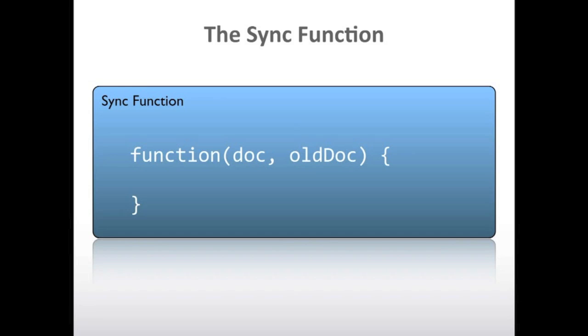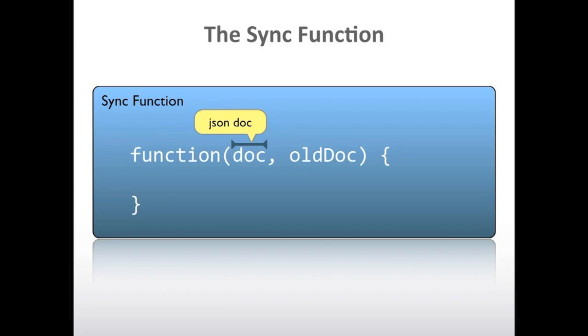The sync function is a JavaScript function. It is part of the configuration of Sync Gateway. You're providing it this sync function, and in it you're doing a whole number of things. There are two parameters here. The first parameter is the JSON document that is going to be saved.